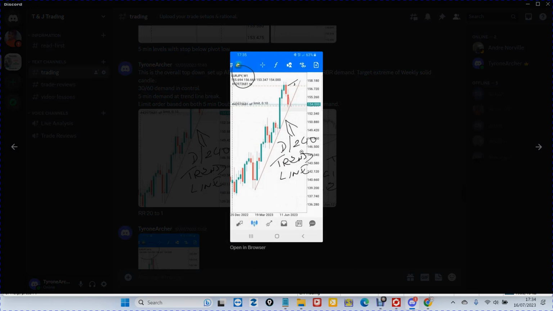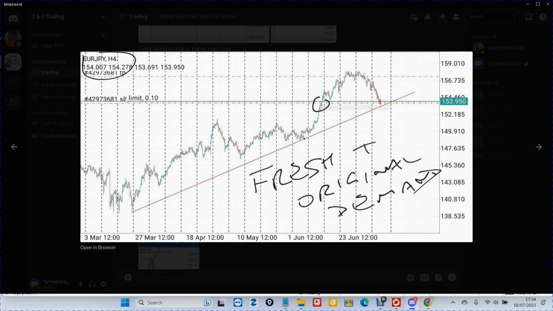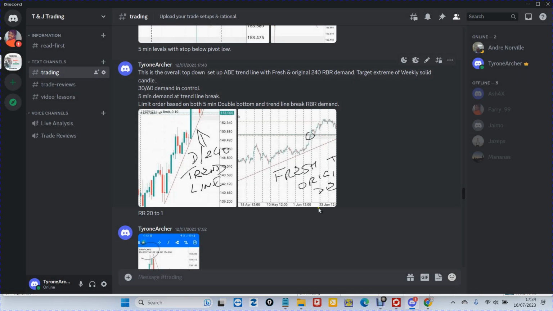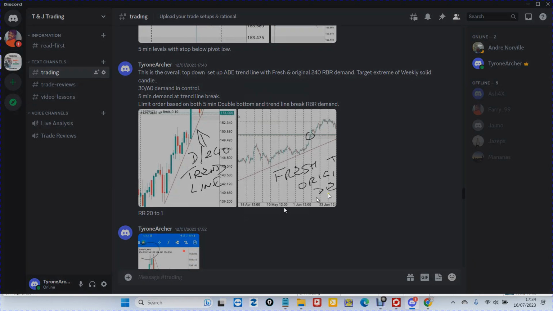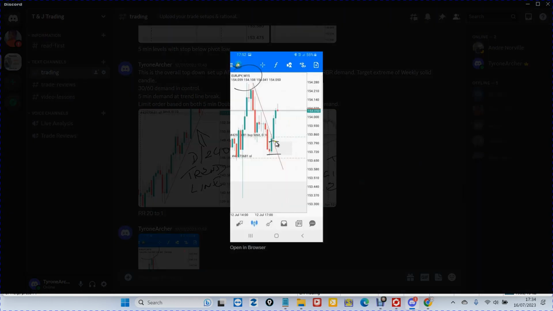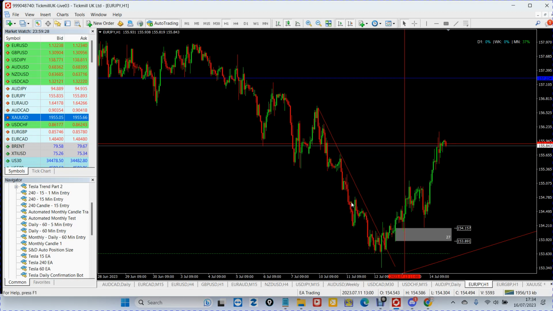This is the weekly. This is a daily 240 trend line, and this is the level right in here, fresh and original demand. So this is building that picture up, and then I was already in with my stop below here. Basically at 153.66, something like that. That's where it was.